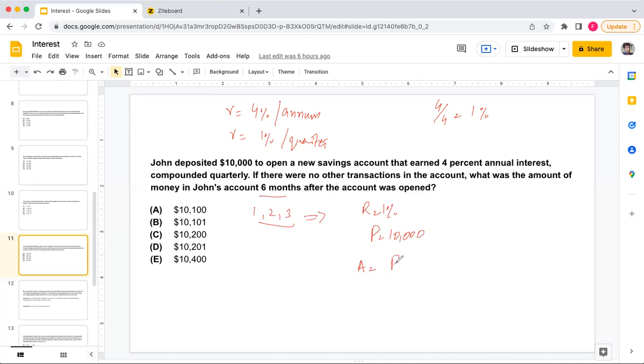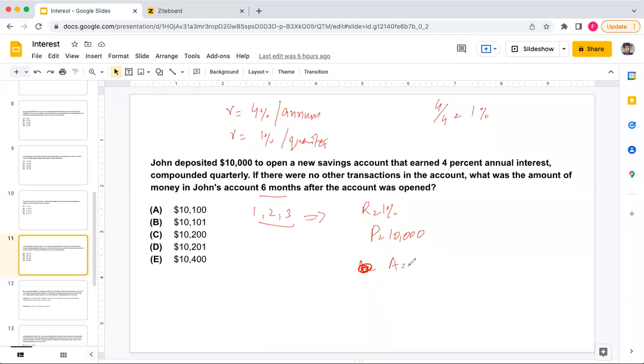That will be P into 1 plus R, but we're not using the formula for this. Okay, so what will be the value after 1% interest?